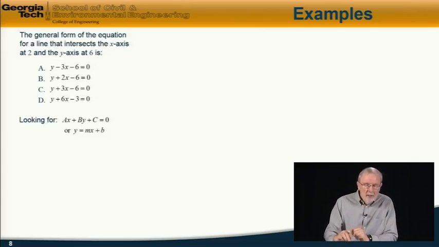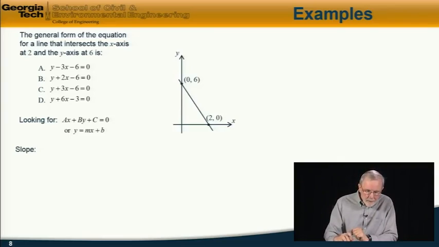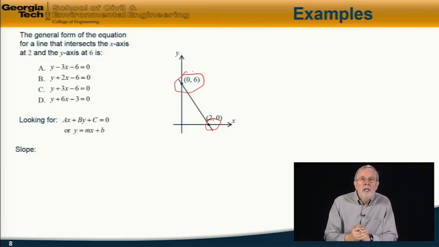But in this case, it's also convenient to write it in the standard form, y is equal to mx plus b. And we can compute the slope. So here is the picture. The line intersects the x-axis at 2, in other words, a point which has coordinates of 2 and 0, and the y-axis at 6, in other words, a point which has coordinates of 0 and 6.